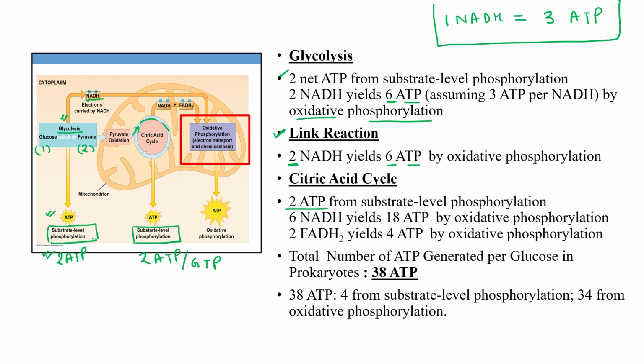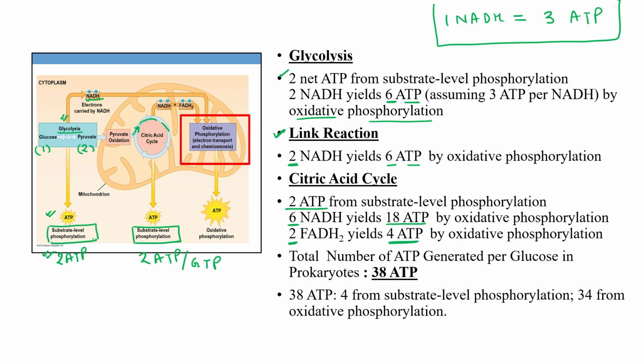While some other molecules are formed during the citric acid cycle, as NADH or FADH2. So 6 molecules of NADH and 2 molecules of FADH2 are formed. And with the help of these 6 NADH, we will get 18 molecules of ATP by oxidative phosphorylation, and with the help of 2 FADH2, we will get 4 molecules of ATP by oxidative phosphorylation.